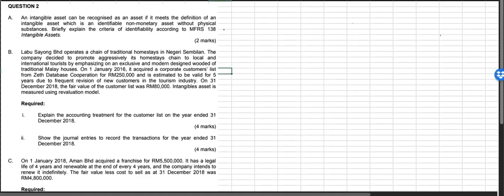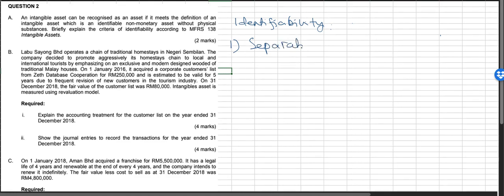How do you say that the asset is identifiable? There are two factors that indicate this IA is identifiable.